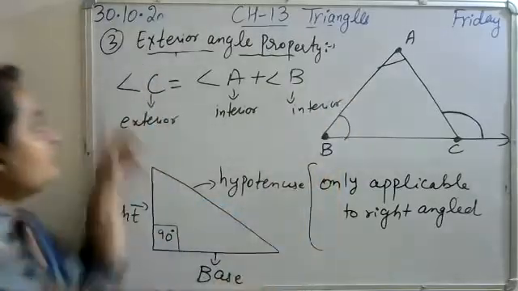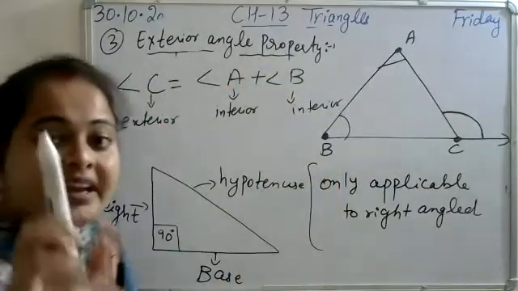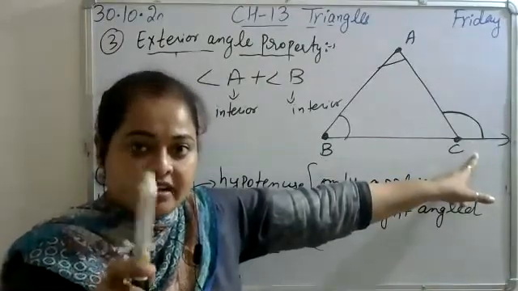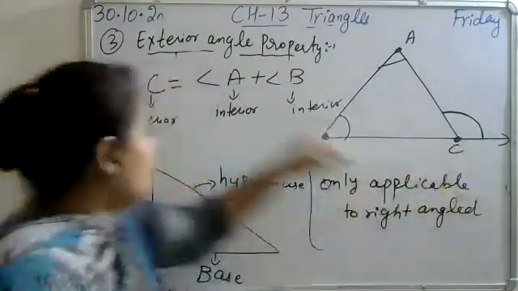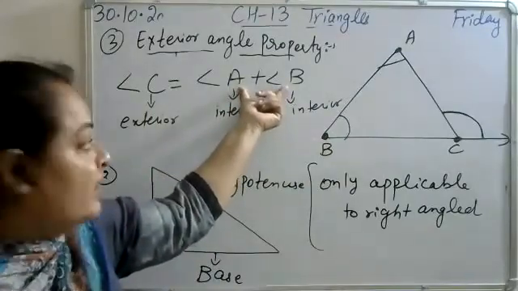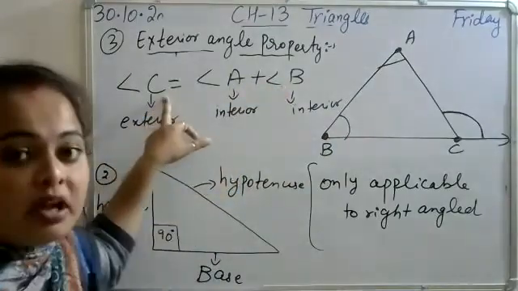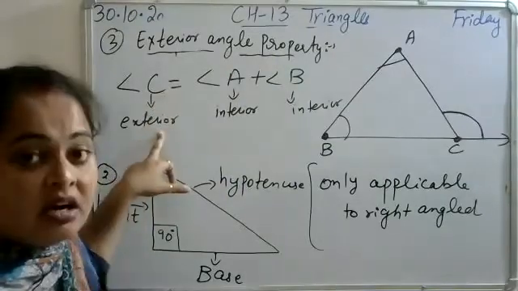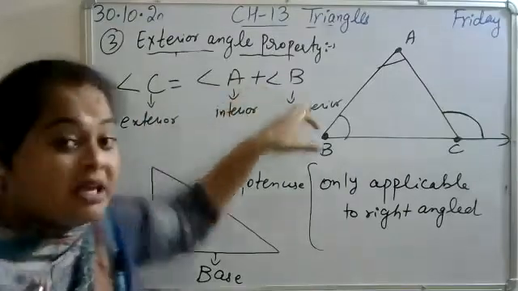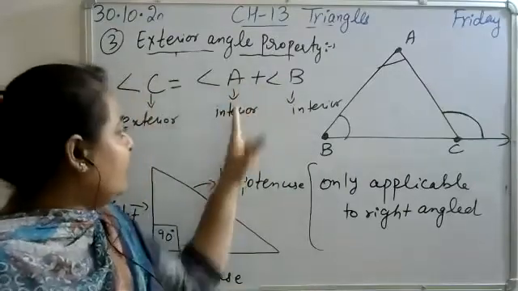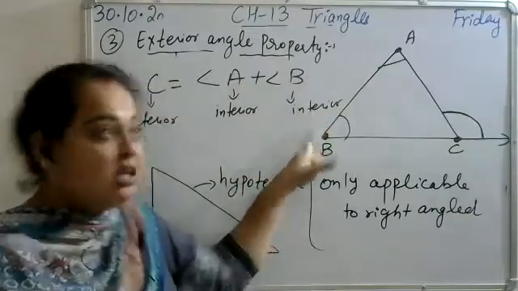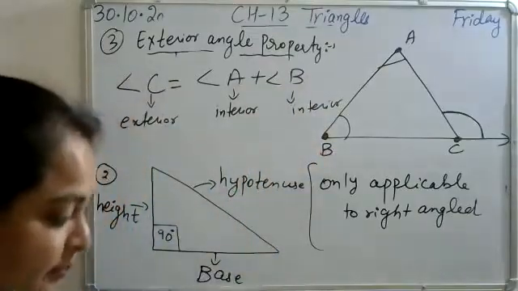So this is the exterior angle property. One exterior angle is equal to the sum of remaining two opposite interior angles. So if we are talking about angle C exterior, then this is equal to the angle A plus angle B, but this angle A is interior and this angle B is interior. This is very important property.